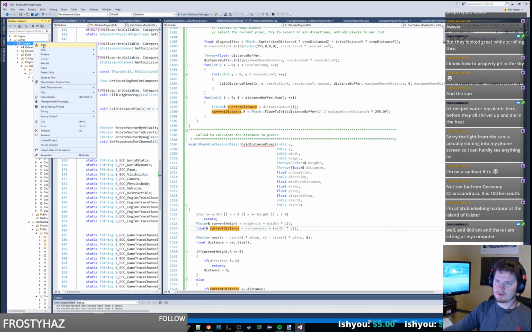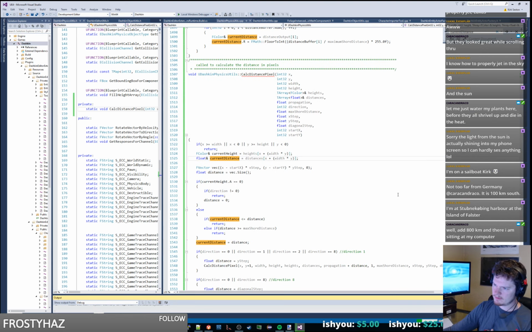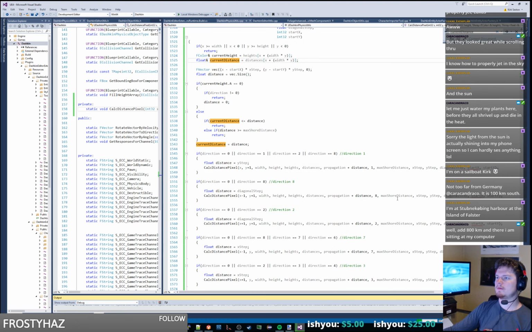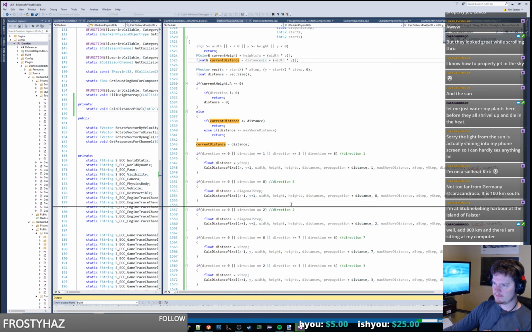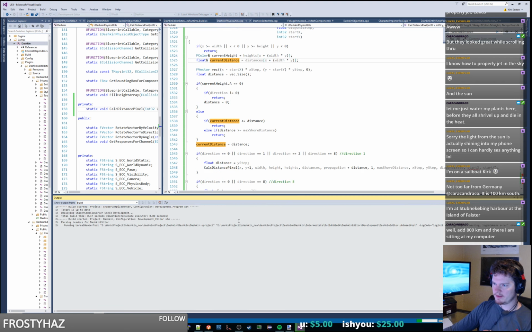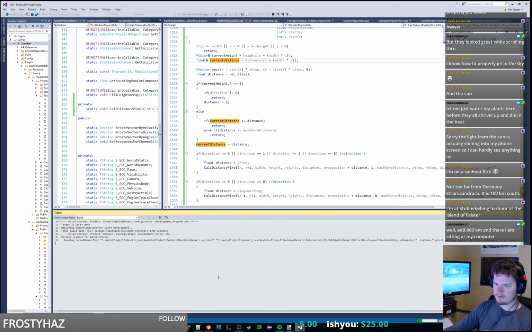So I think this is pretty much what we're supposed to do here: we just need to calculate the distance each time that we're walking along this thing.